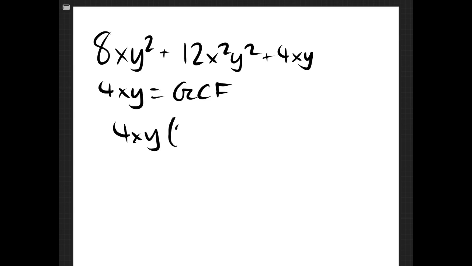So then we have 2y plus, if we take 4xy out of 12x squared y squared, we divide 12 by 4, which is 3, x squared by x, which is x, and then y squared by y, which is y. So we have 3xy, and then 4xy divided by 4xy is 1. So plus 1. And that is our fully distributed expression.